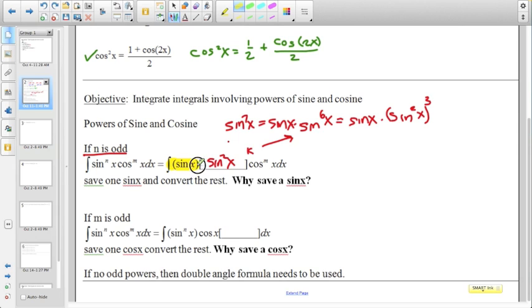So we're going to save one sine x, and then we take this and convert the rest to a cosine. And then we can do a u sub, and we'll have a sine x dx for our u sub for a differential expression. And likewise, the other scenario is when we have an odd power.